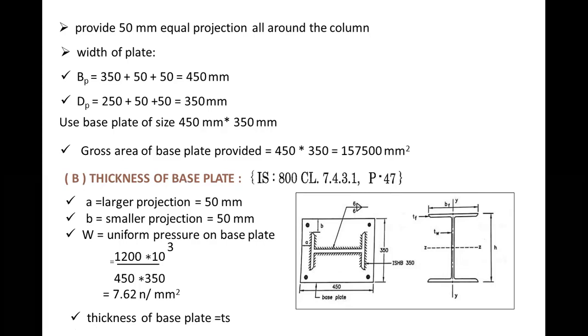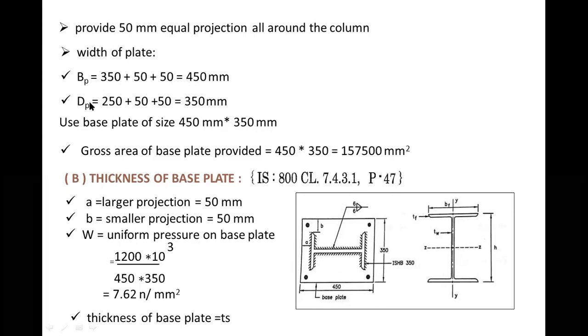Next is the width of plate. How do we find the width of plate? We know that our section is 350 by 250, so the depth is 350 and the width is 250. But we provided 50 mm projection on all sides around the column. So the length of plate is equal to 350 plus 50 plus 50, which is 450 mm.